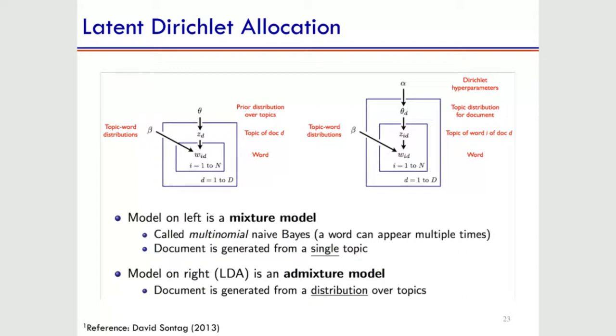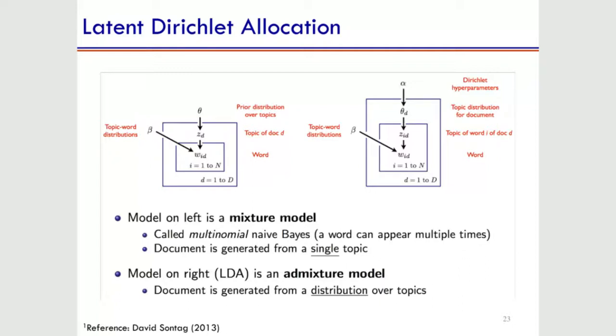That's it. So it's a single topic model, where first you draw for a document what topic it belongs to, and given the topic, keep drawing capital N words for that topic. If it's a sports topic, keep drawing sports words. If it's a finance topic, keep drawing finance words.